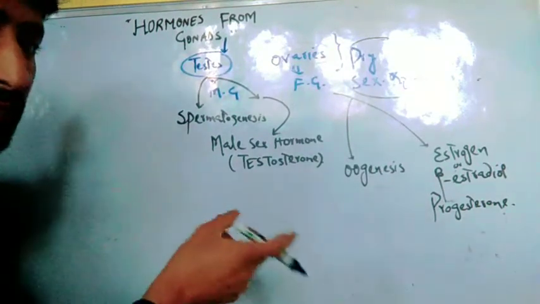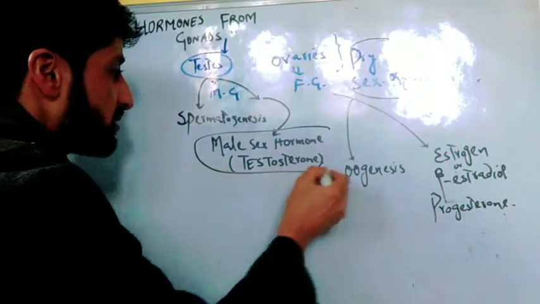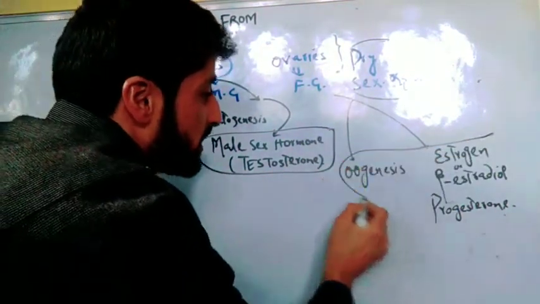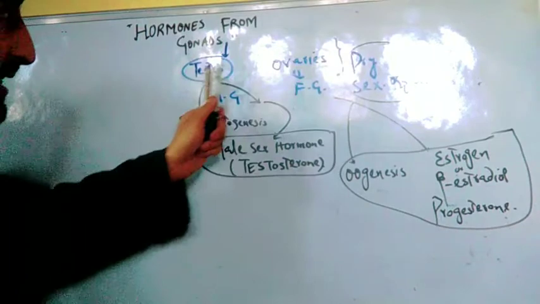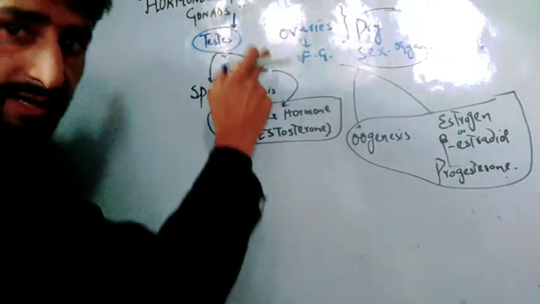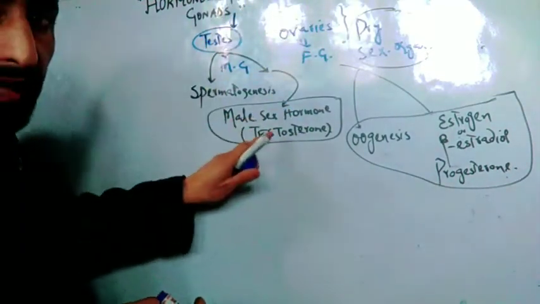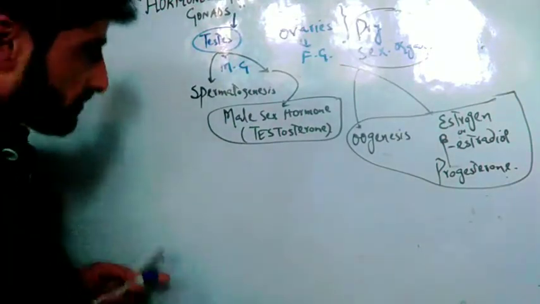They can produce male sex hormones, and ovaries can produce female sex hormones. So the topic of concern here will be testes and ovaries, that is gonads as endocrine structures. So let us start our topic like this.